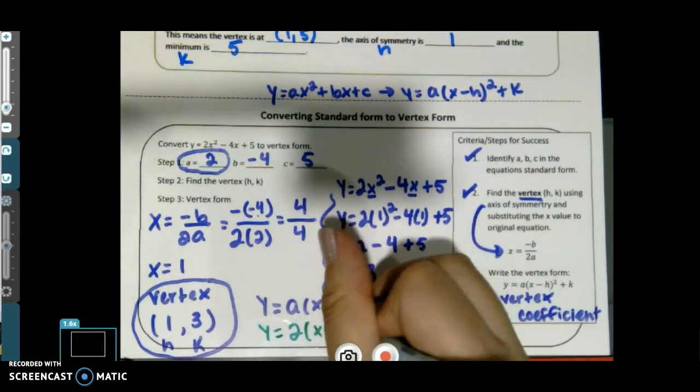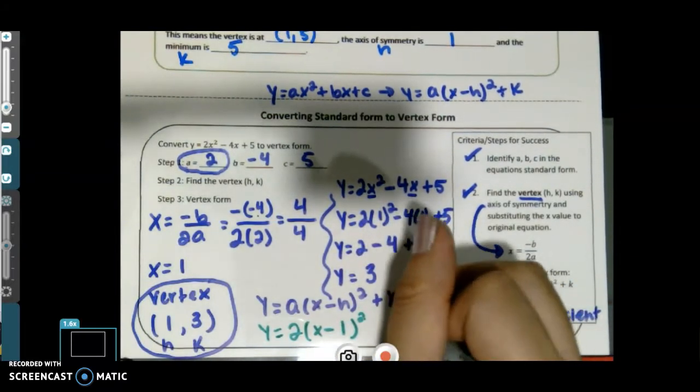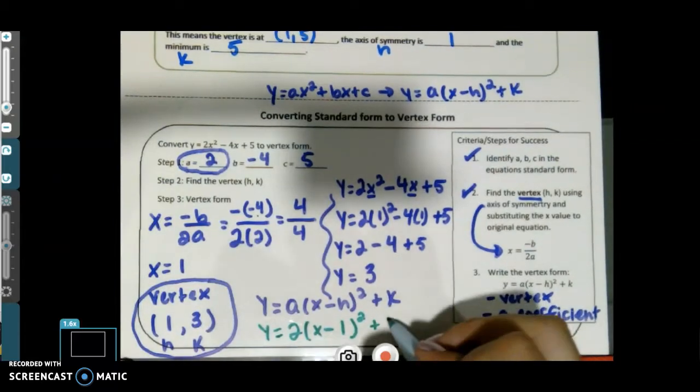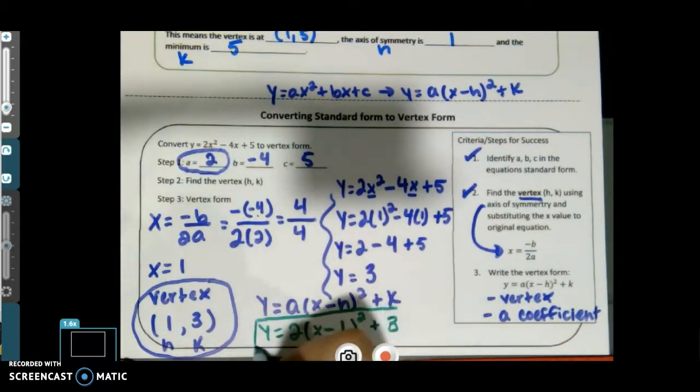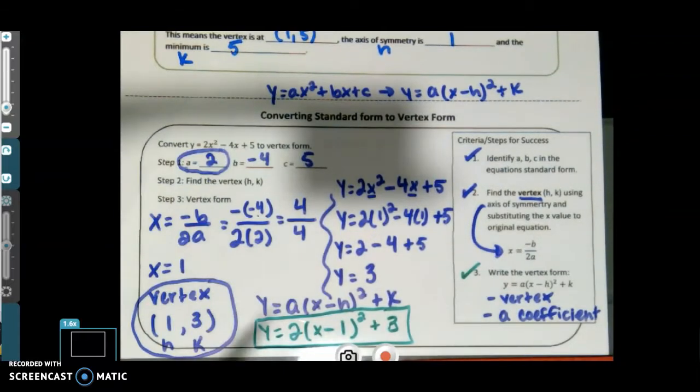So it's x minus 1, parentheses squared, plus, what's my k value? It is 3. So this would be my vertex form. So that's step 3. Okay, so I want you to stop here and you're going to actually practice a couple on your own. All right, and then we're going to come back and do a different one.